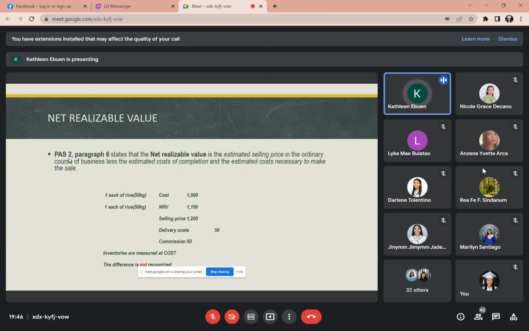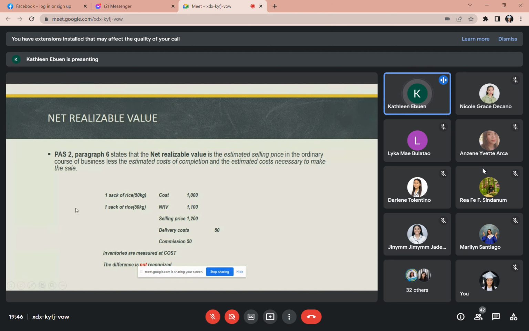Baka kasi yung cost mo is 100 pesos, pero kapag ibebenta mo siya, ang mare-recover mo lang from that sale is only 90 pesos. So therefore, we have to record the inventory at 90 pesos rather than the cost of 100.